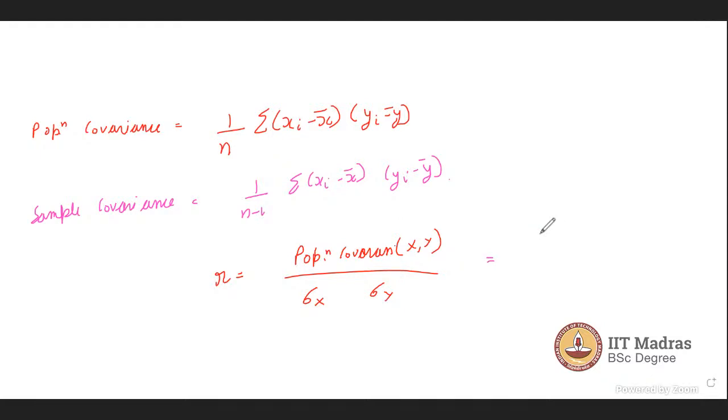It is also the same if you take the sample covariance in the numerator and divide by the sample standard deviation of x and sample standard deviation of y. If you plug in values in any of those, you will get this formula only. The n or n-1 parts get cancelled.